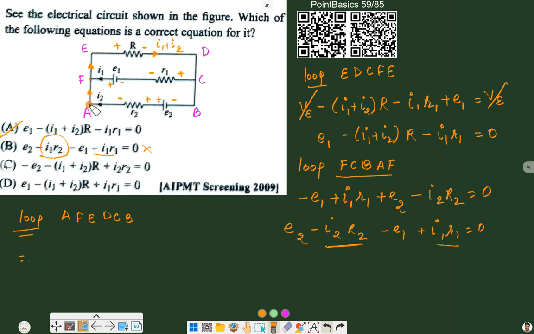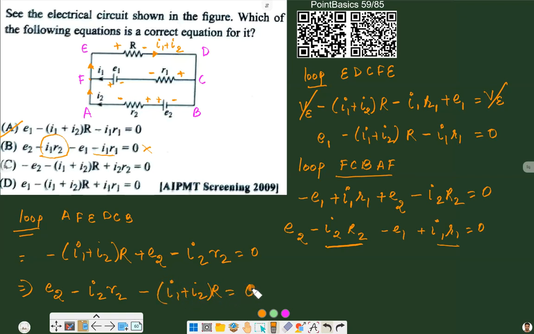Starting from point A to F to E, we have nothing, and we reach this resistance, positive to negative, so negative I1 plus I2 into R. Then D C B nothing, and we have E2 here, negative to positive, so positive E2, and then positive to negative I2 R2, so negative I2 R2, equal to 0. So it can be written as E2 minus I2 R2 minus I1 plus I2 into R is equal to 0.